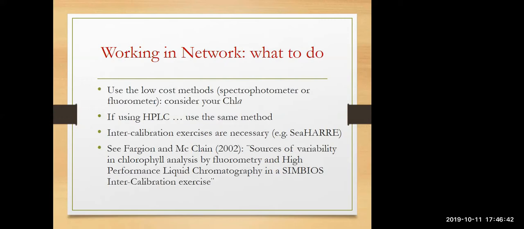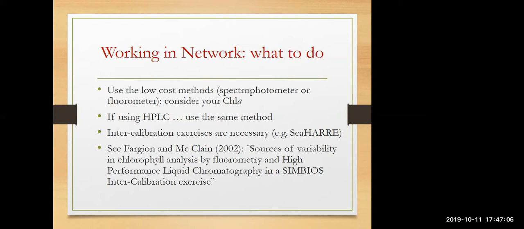In this case, they focused on fluorometry and HPLC. They did not include spectrophotometry, but it can also be added if we want to integrate all the types of measurements we are doing as a network.